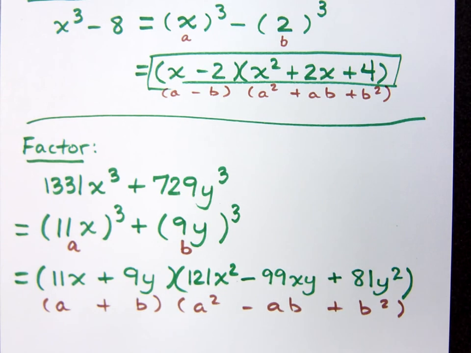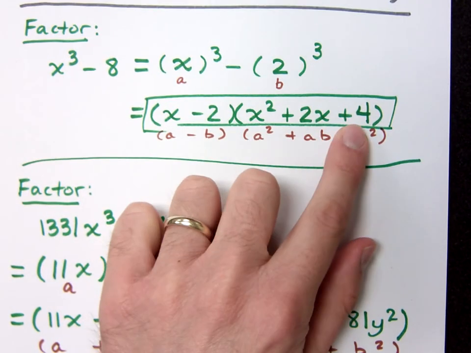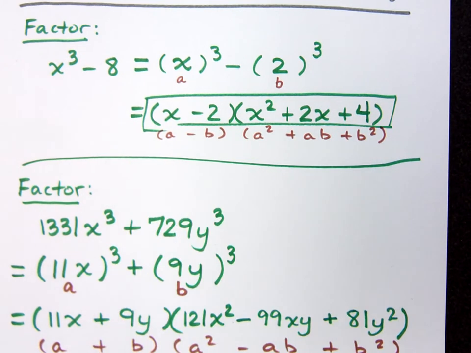Now, something that you need to know about the sum or difference of cubes when you're using these formulas. If you look at the last example up here, x squared plus 2x plus 4 looks like something that could be factored further. But when you use the sum or difference of cubes, you're not going to be able to go any further. When you use it, you're going to be done. I'm just trying to figure out which formula to use.